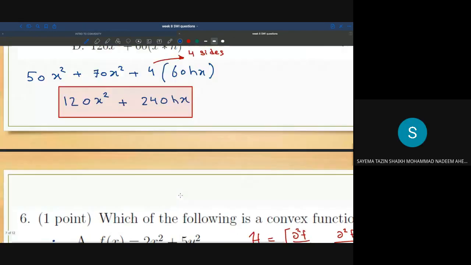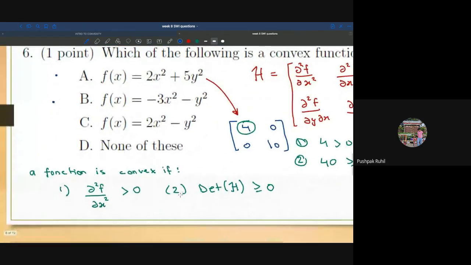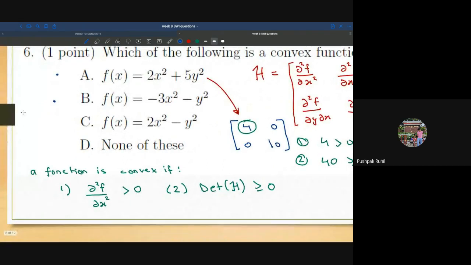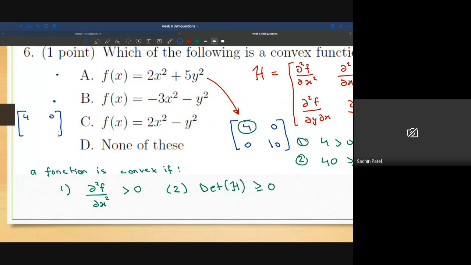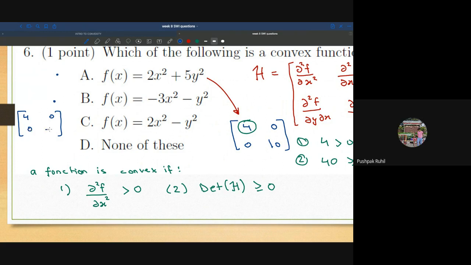Yes, sir. Okay. And in the third question, let me write it here only. It would be 4, 0, 0, minus 2. Now your first element is more than 0, which satisfies the first condition.